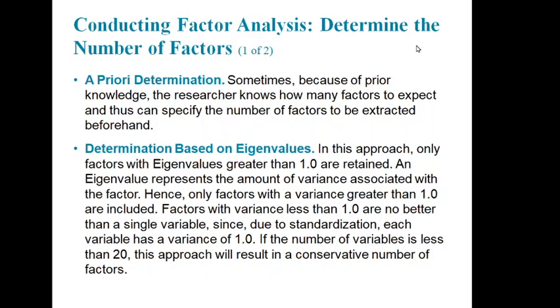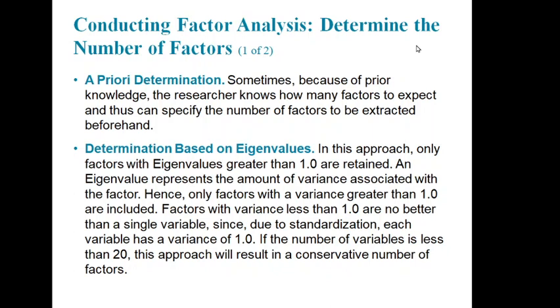So, if you have a data set with less than 20 variables, sometimes it may so happen that when you do eigenvalue based factor analysis, you will get just 1 or 2 factors. That can happen, right? So in eigenvalue based factor analysis, what you do is you select only those factors which have a variance of 1, right?